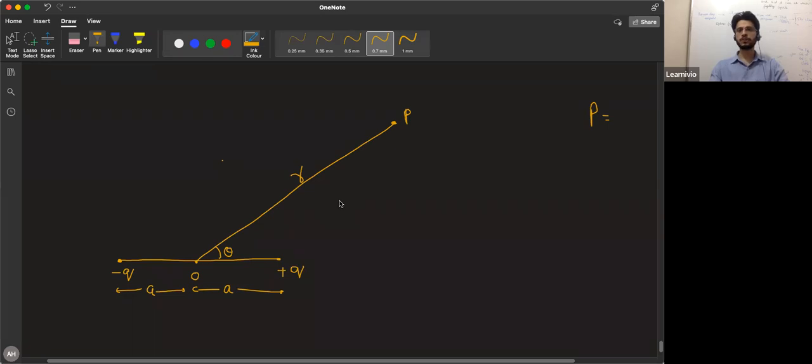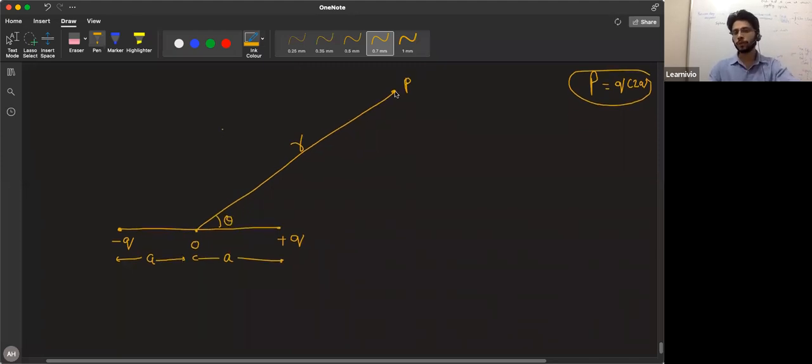Arpit? Minashi, how to calculate dipole moment? Q into 2a. Dipole moment is charge multiplied by separation between them. Q into 2a is the dipole moment.